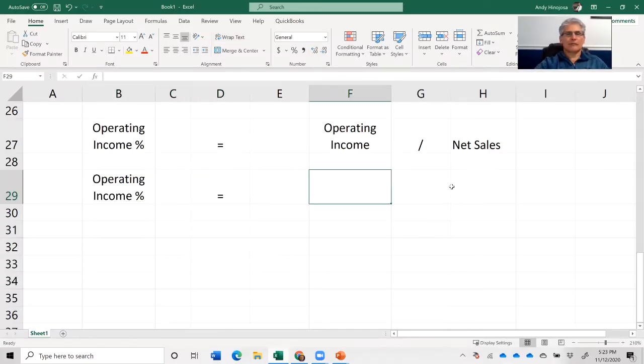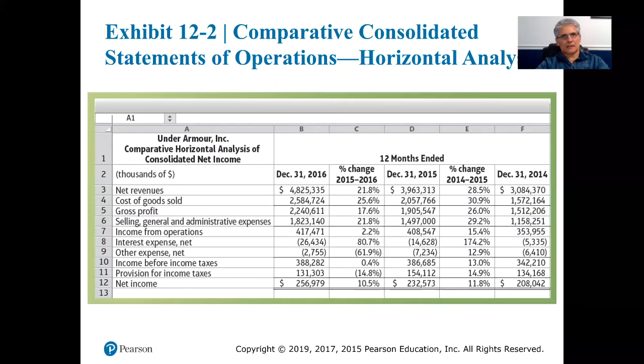So here's our formula again, and we'll go ahead and move our PowerPoint slide to slide number 10. What we're looking for is operating income. In this case, it's income from operations, 417,471,000.